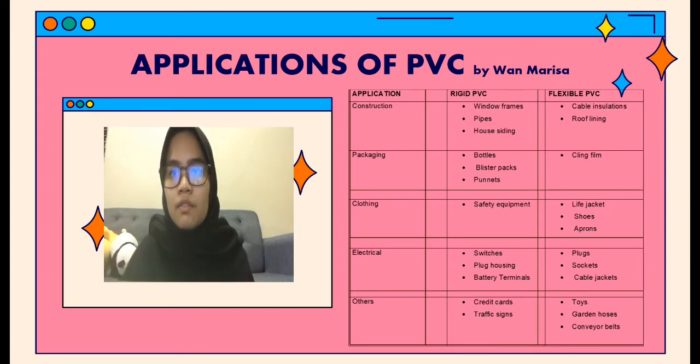And lastly, for applications in others, rigid PVC is used in credit cards and traffic signs, while flexible PVC is used in toys, garden hoses, and conveyor belts.